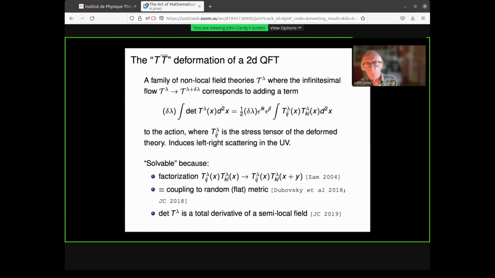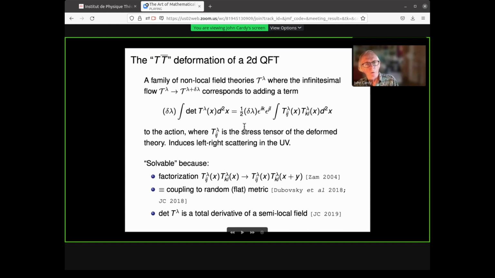It's a family of non-local field theories with a parameter lambda, and it's a flow such that the way that we flow infinitesimally between these non-local field theories is by, at least heuristically, adding a term to the action proportional to the determinant of the stress tensor, which in 2 dimensions is, of course, a 2x2 matrix. And we can express it like this.